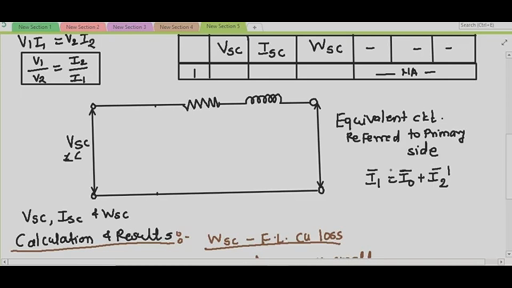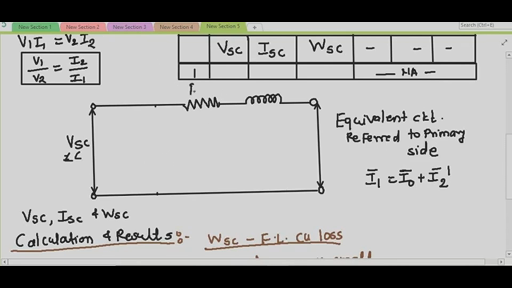So I0 is negligible in comparison with the load component of your primary current because your VSC is very small. Hence, I have totally omitted the shunt circuit consisting of R0 and X0 from this equivalent circuit.